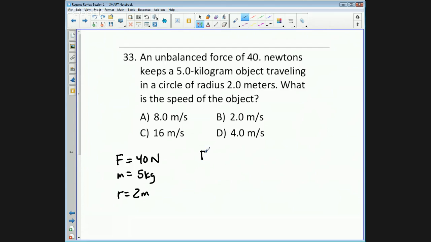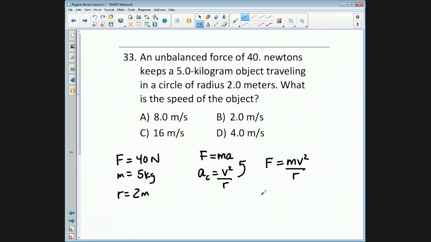So you know that force equals mass times acceleration. And also for centripetal acceleration, you know it's v squared over r. So now we just need to substitute this acceleration into this. So we get F equals mass times v squared over r.